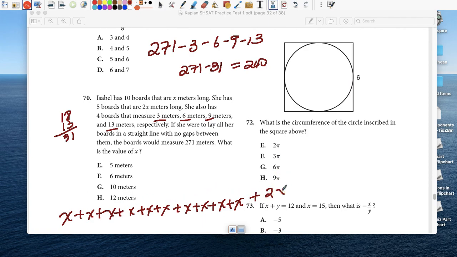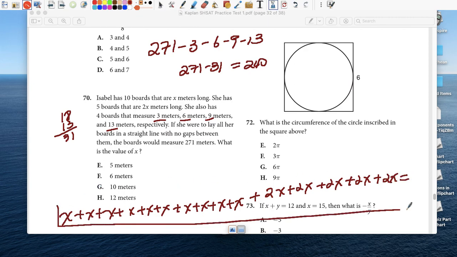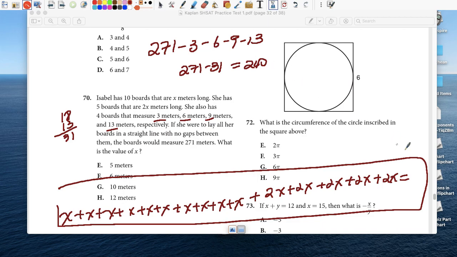So I know the sum of all these boards together equals 240. I subtracted the ones that I did know, and the difference, 240, is the value that I'm going to use. It's equal to the leftover boards, which is the 10 that measure x and the 5 that measure 2x.